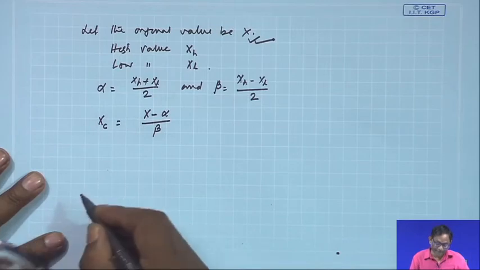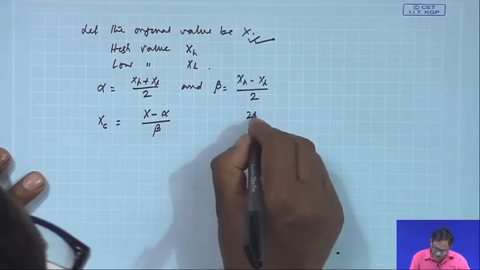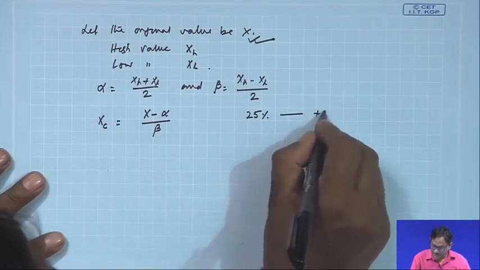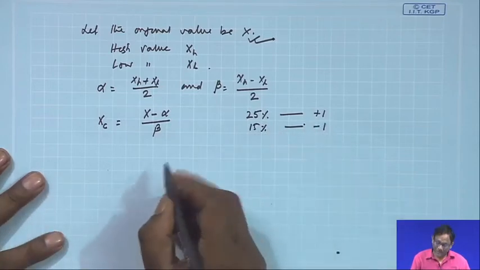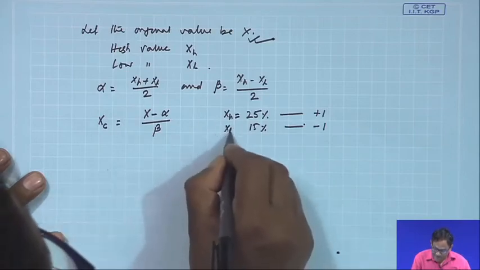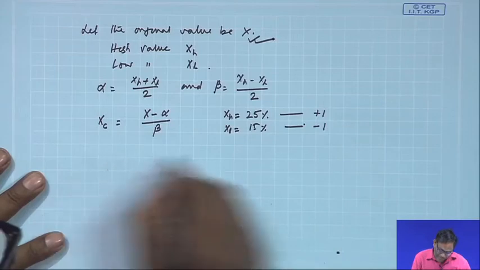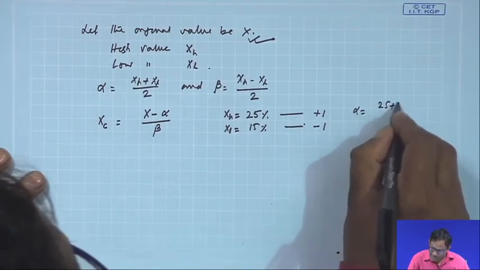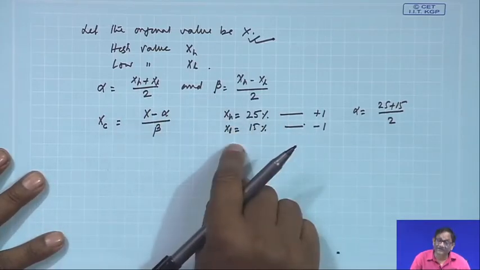For example, if we want that 25% to +1 and 15% to -1, because our xh is 25% and x low is 15%, then alpha equals 25 plus 15 by 2, that is xh plus xl by 2.